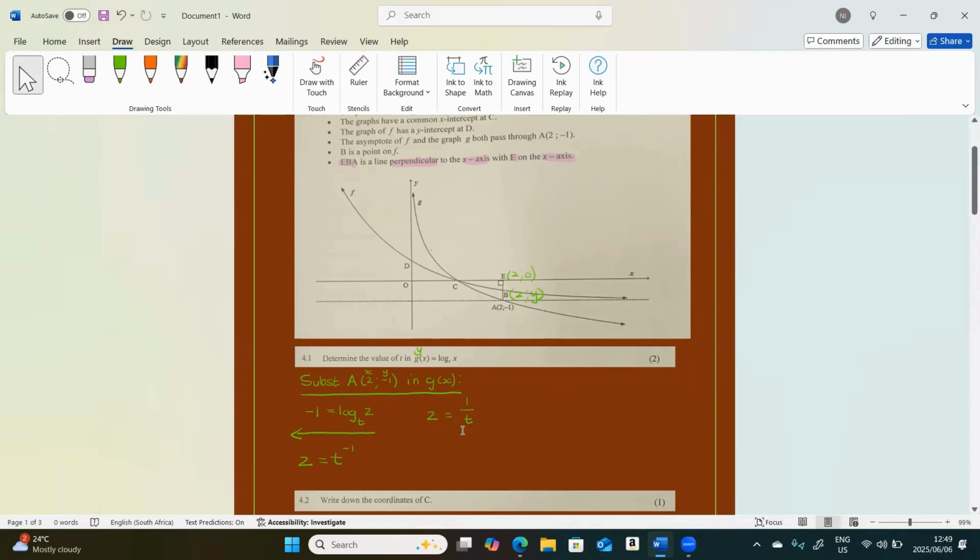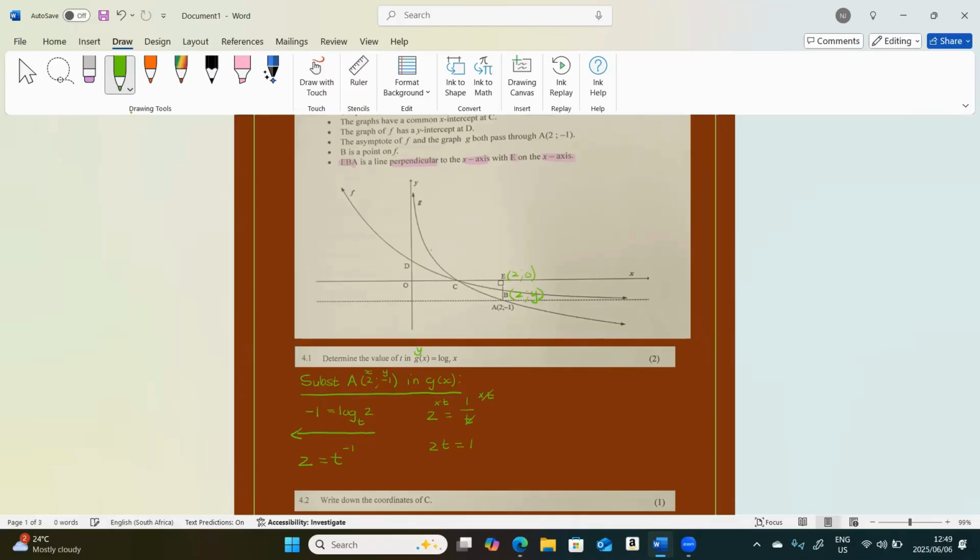Now to isolate t, we need to get rid of this fraction, because t is currently a denominator. To get rid of a denominator, we need to multiply with the denominator. So we multiply with t over here, and with t over there. Then that t and that t would cancel, and we have 2t on the left-hand side, which is equal to 1.